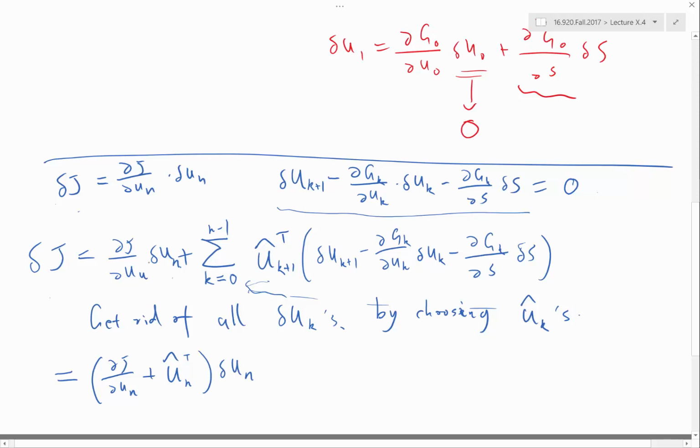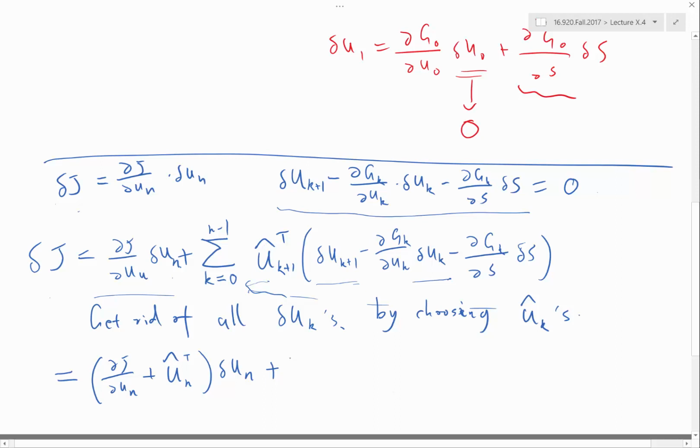So this is all appearance of delta un. And then for all the other delta uk's, they appear in two terms. They appear over here, and they also appear as delta uk plus 1 in the previous k, right?